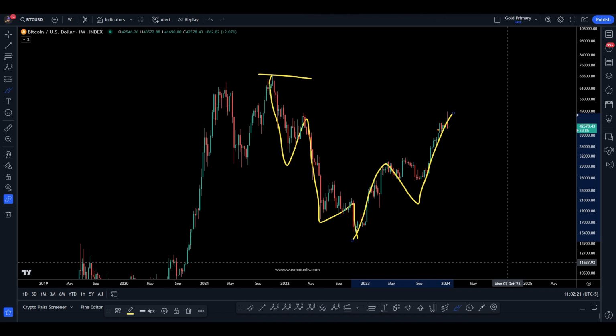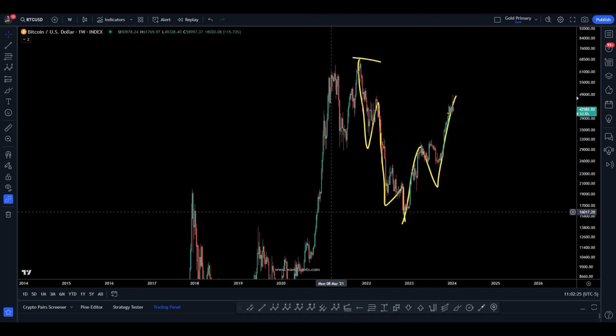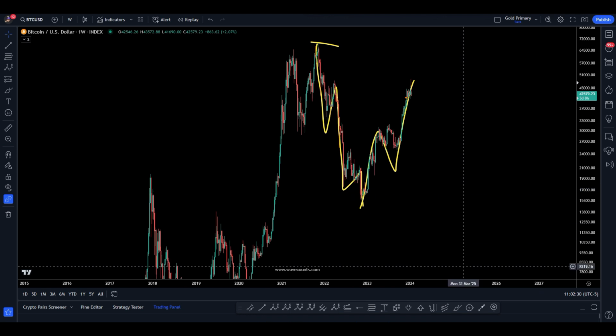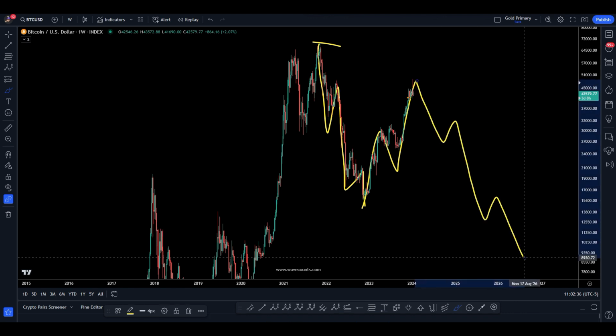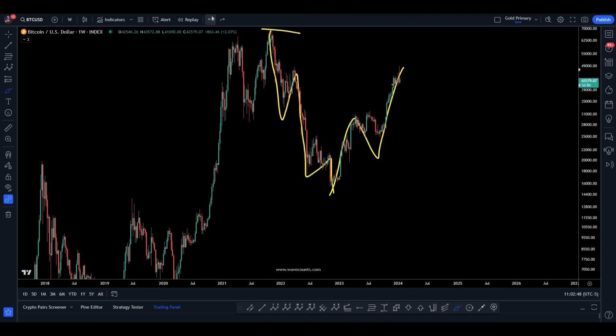In the most simplest thing ever possible, what happens next? 5 more waves. 5 waves begins something or it ends something. Especially 5 waves after 5 waves.